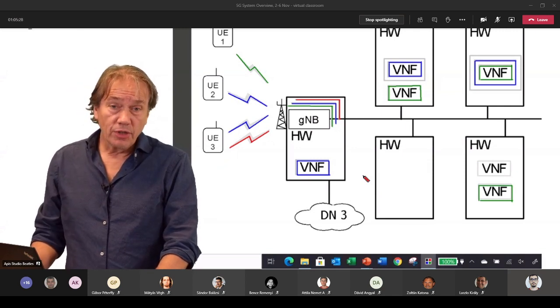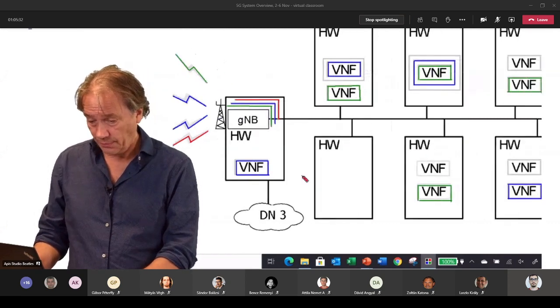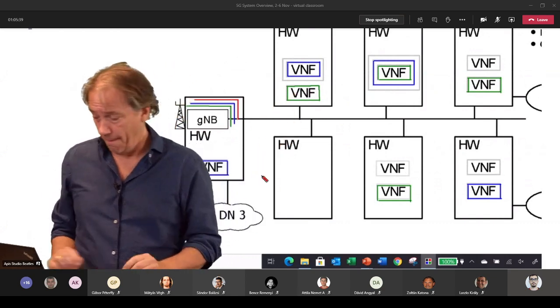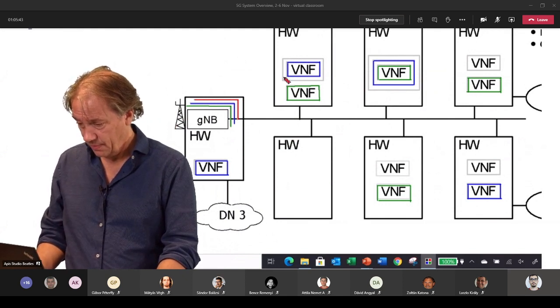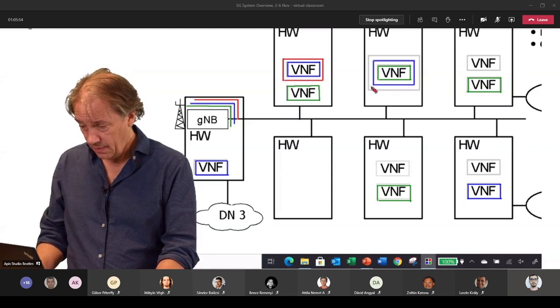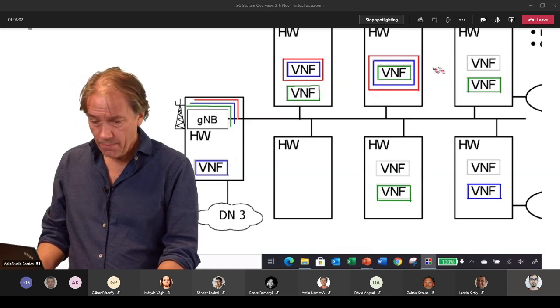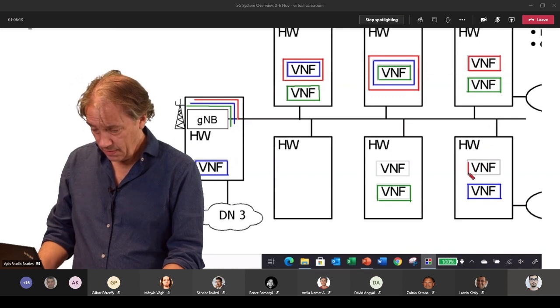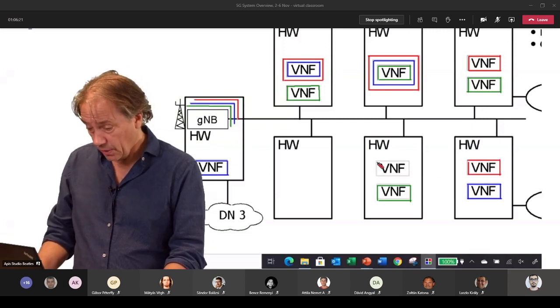And then we need to have some red VNFs, and as you have probably figured out, everything which is not green or blue already will be red. And also this one.